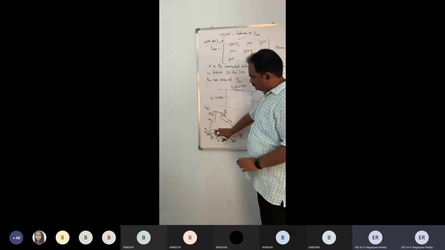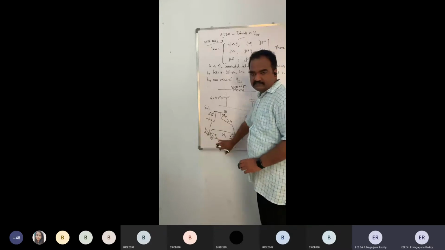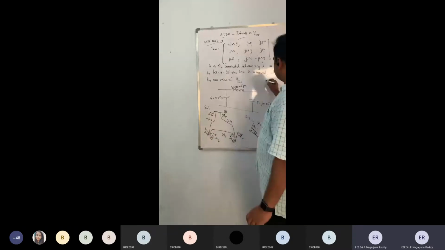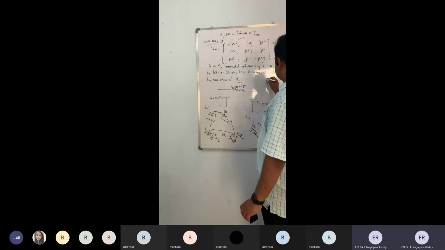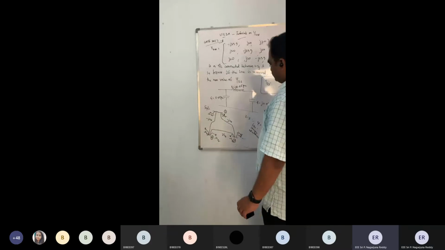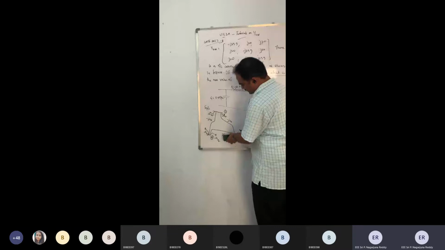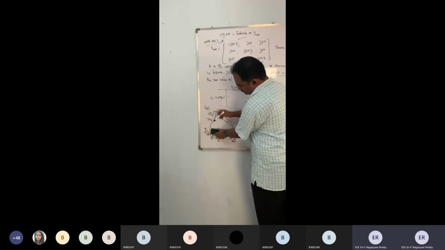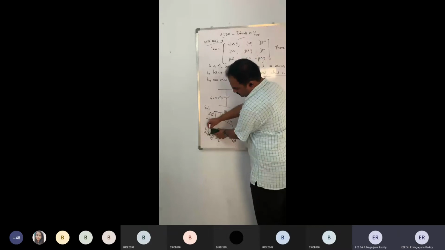If I remove this line along with its line charging admittances, what is the value of Y33 now? Can anybody tell? I'll remove this entire line between 2 and 3 along with its line charging admittances. This is completely removed. Now what is the Y33?